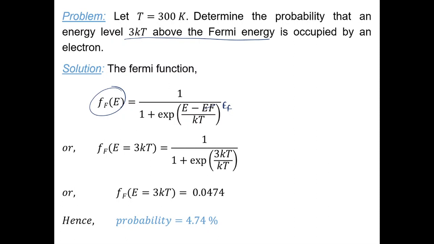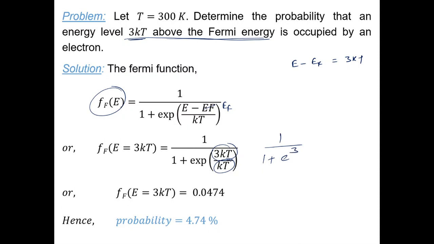Now what is the energy level? The energy level is 3 kT above the Fermi level. So above the Fermi level means E minus EF is equal to 3 kT. So we feed 3 kT here, 3 kT divided by kT, and this becomes 1 upon 1 plus exponential of 3.